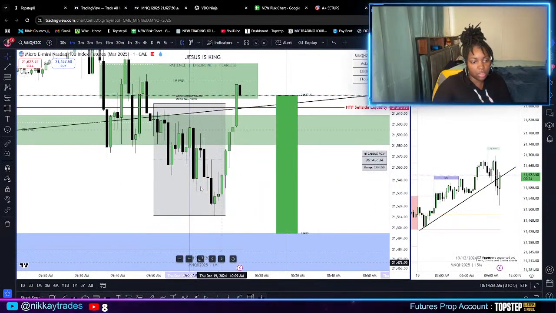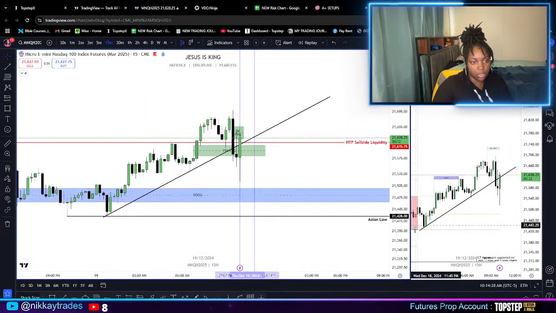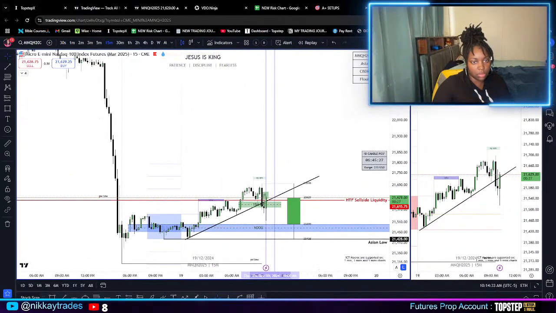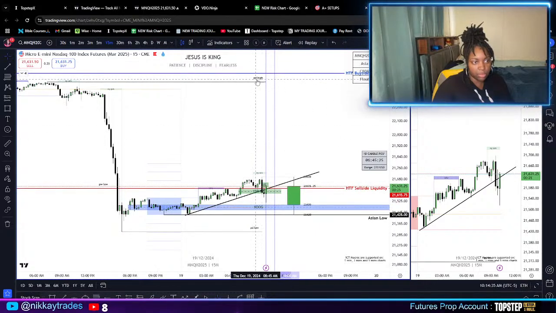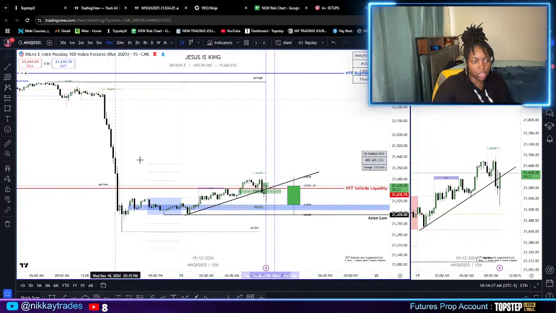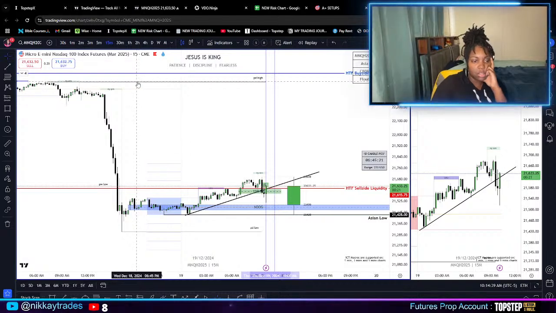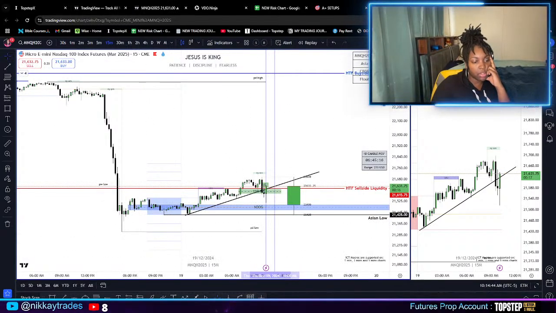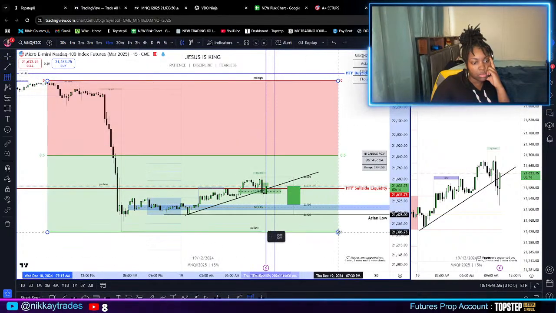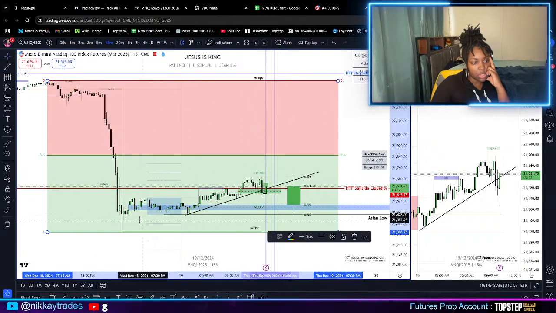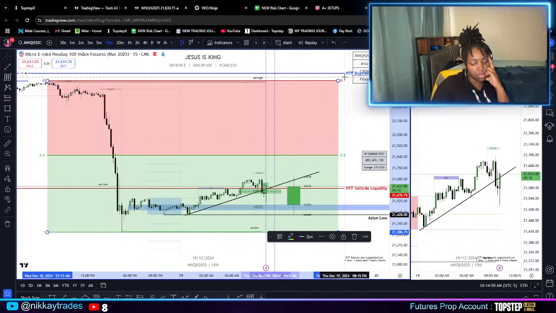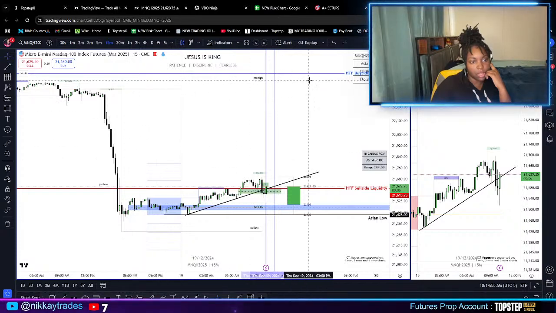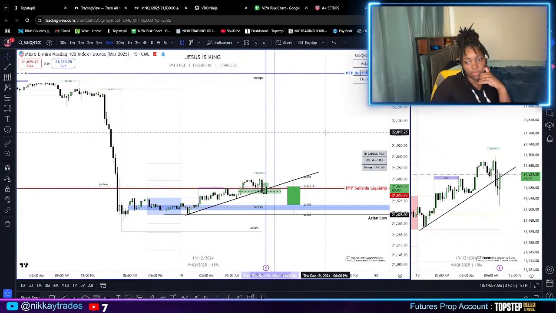The range that I was looking at was this Asian low and its previous daily high, because there's so much imbalance. Well, shoot, with the Asian low, you might as well count the previous daily low too. So it's in a discount right now, so it could be trying to head back up and take out all this imbalance, the inefficiencies up there.